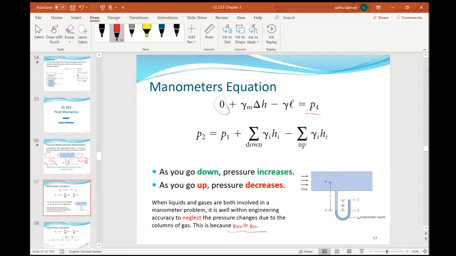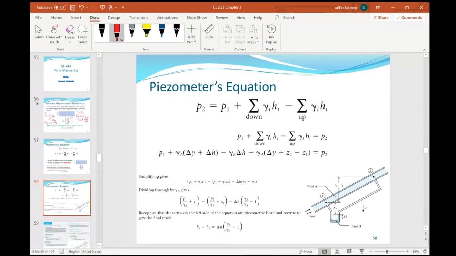So in the examples I'm going to discuss with you, when we have both liquids and gases, we more often than not neglect the pressure changes due to the columns of gases, because the pressure they exert is very small compared to the pressure exerted by liquids.